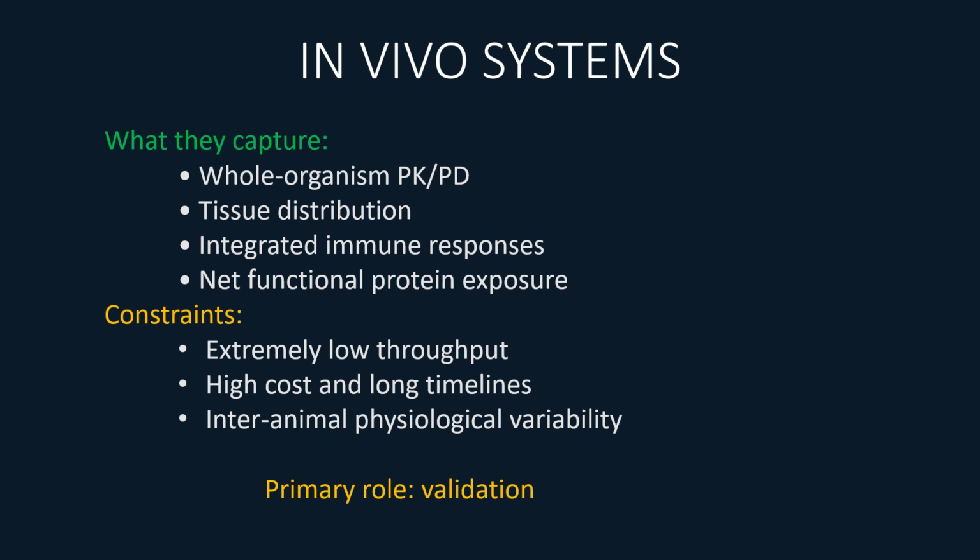As a result, in vivo data cannot be generated at the scale needed for model training. Instead, it serves a different role, that is basically validation. It tells us whether predictions made from higher throughput systems actually translate into organism level therapeutic performance.